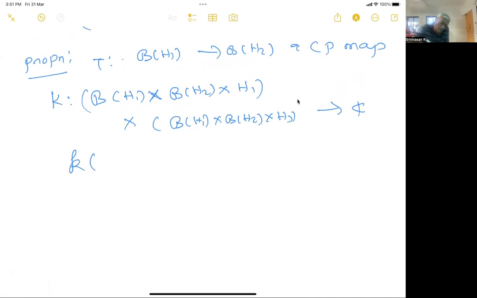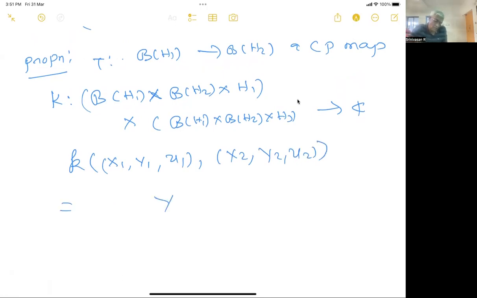Where K of (x_1, y_1, u_1), comma (x_2, y_2, u_2). As we have already seen, this is going to be y_1 star, T of x_1 star x_2, y_2, acting on u_2, u_1.